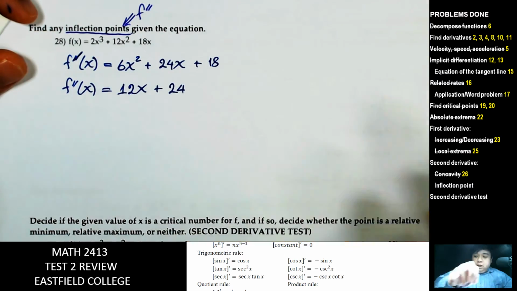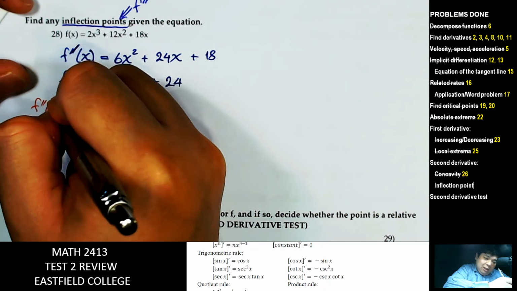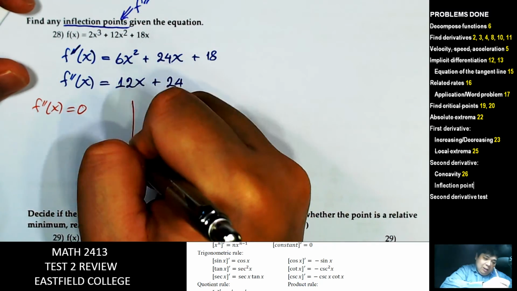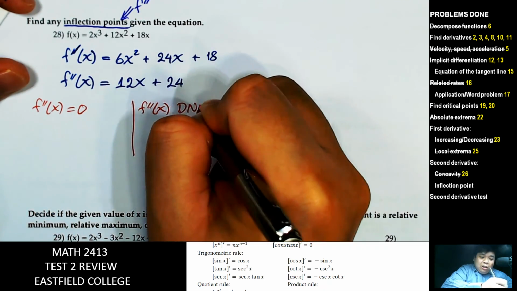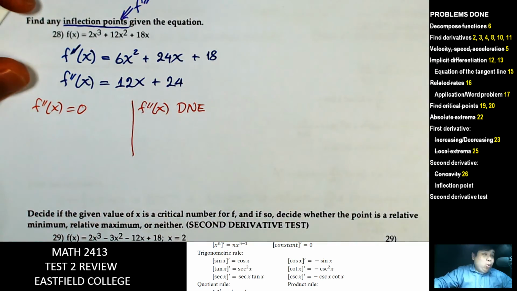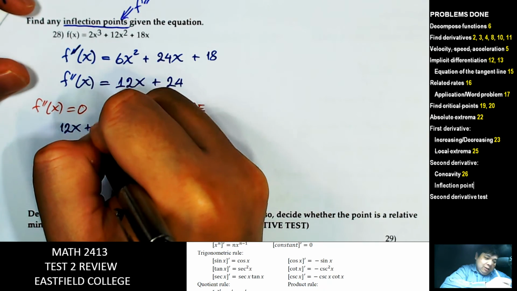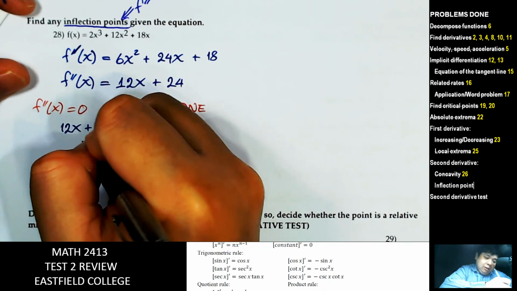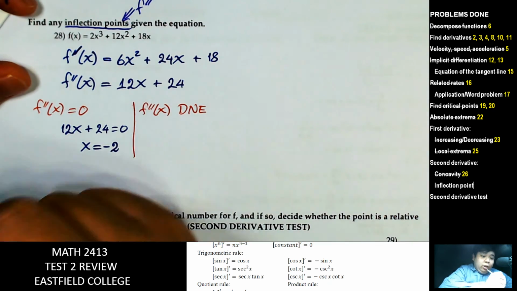Alright, and then the same thing, equal to 0, does not exist. I do see the pattern here. We did a lot of this. So we only have negative 2.